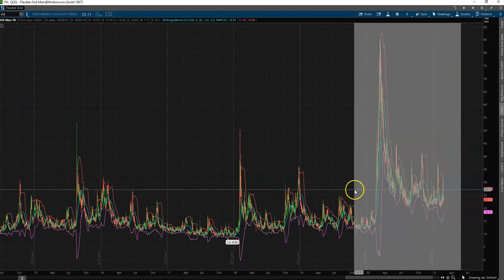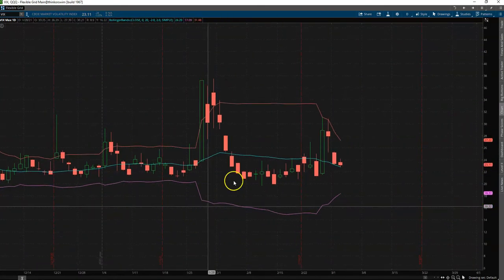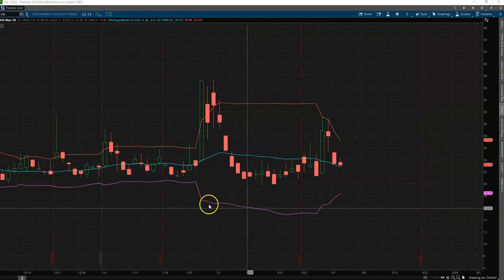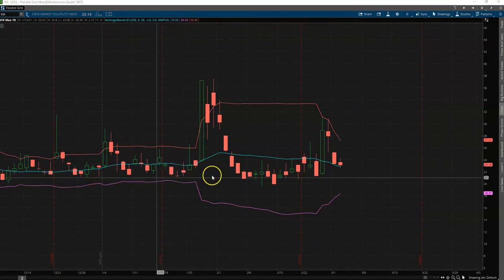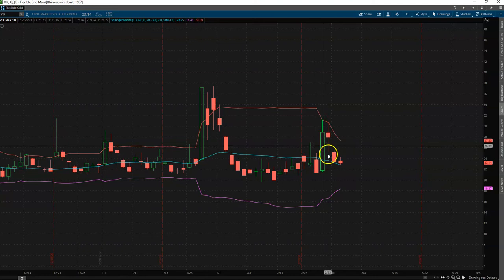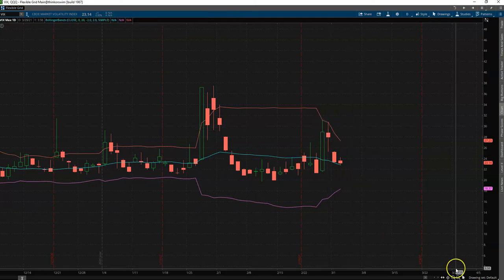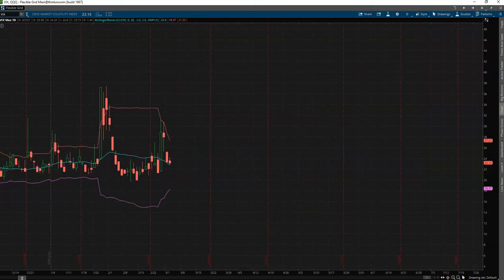If you guys don't know, I like to use Bollinger Bands for the VIX. We tend to get a pop whenever we are tapping this bottom Bollinger Band. But as you guys can see, the last couple of days, we never really bounced off of this lower Bollinger Band here on VIX. So that's why we never really got a convincing pullback in the market.